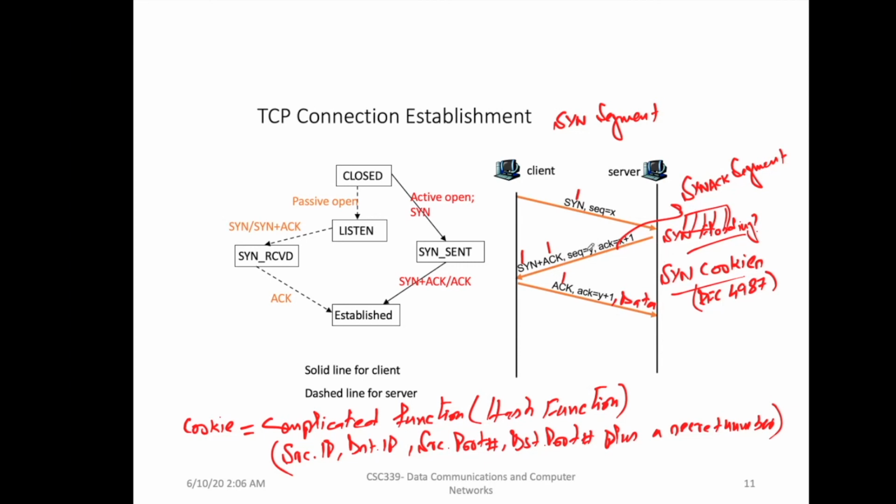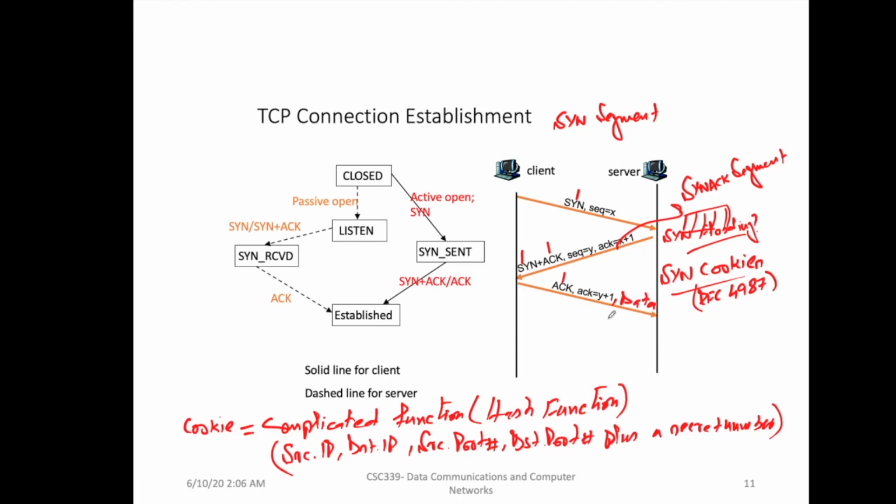But now, when the server generates the initial sequence number using this hash function of source IP address, destination IP address, source port number, destination port number, plus a secret number, it does not allocate a buffer. And now the server waits for the response from the client side.